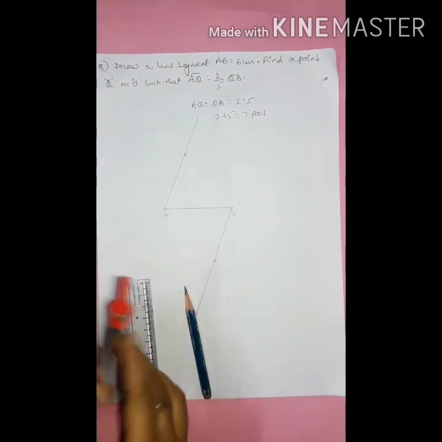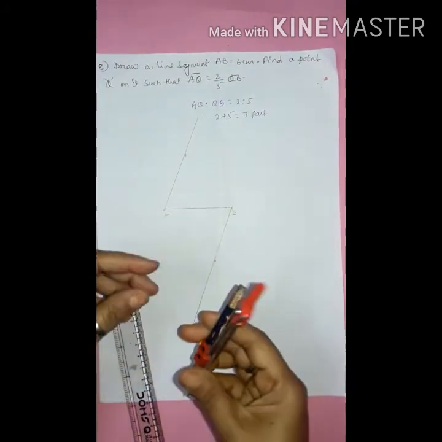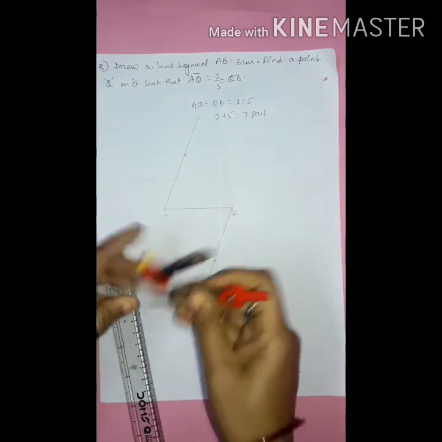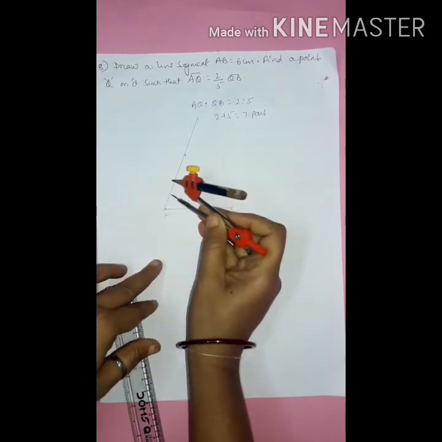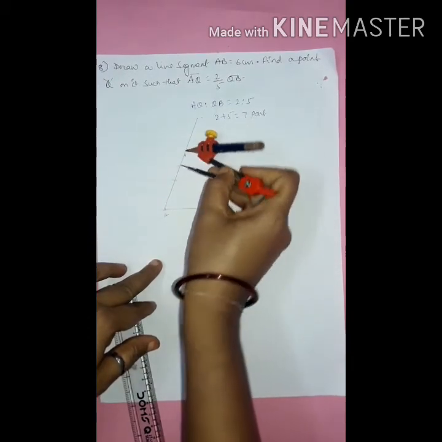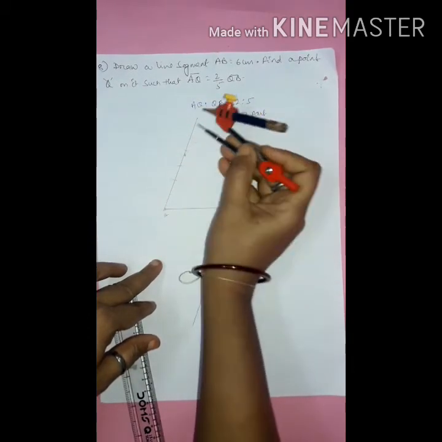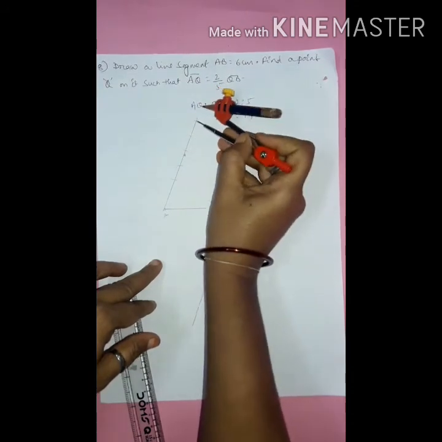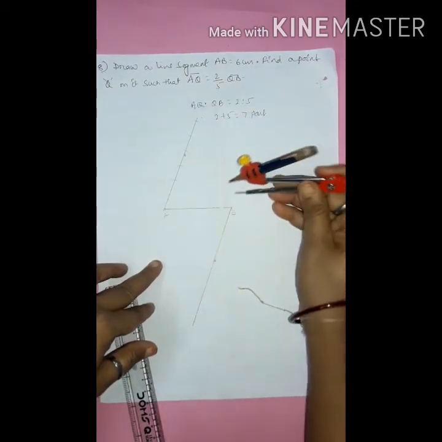So what you will do here, you have to take 1, 2, 3, 4, 5, 6, and this is the 7. You can extend that one.